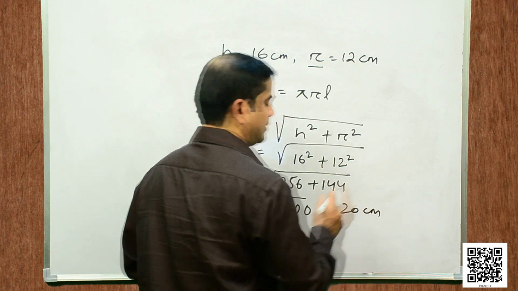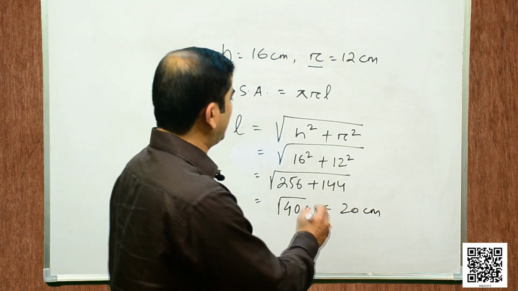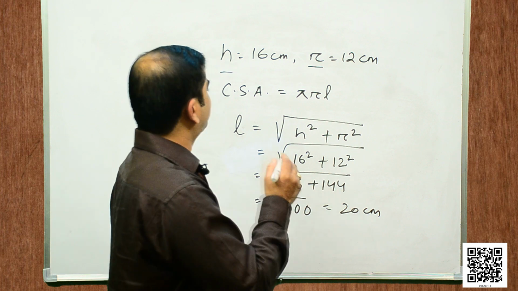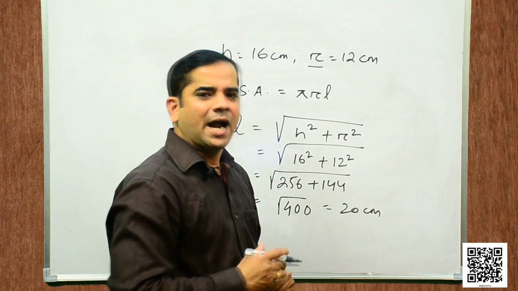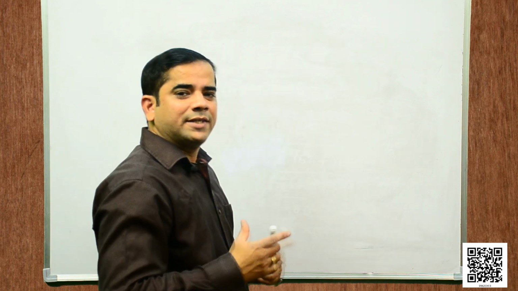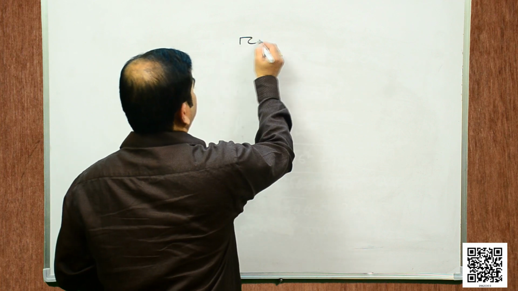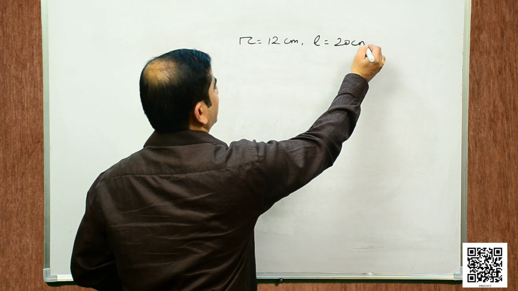20 centimeter. So, now we have found out the value of L to be 20 centimeter. Let us put these values in the formula for curved surface area and find out the curved surface area of the cone. So, students, now we have r is equal to 12 centimeter and L is equal to 20 centimeter.